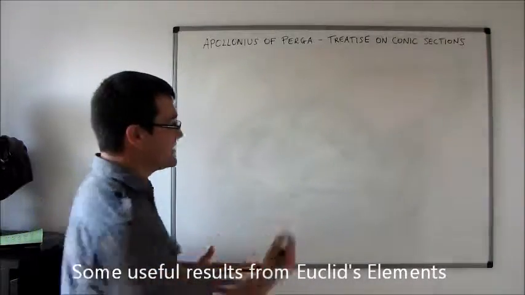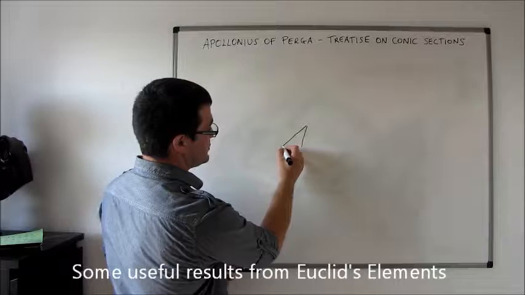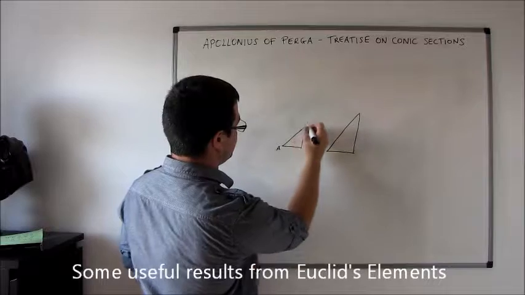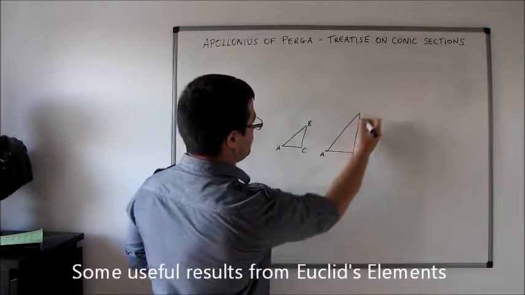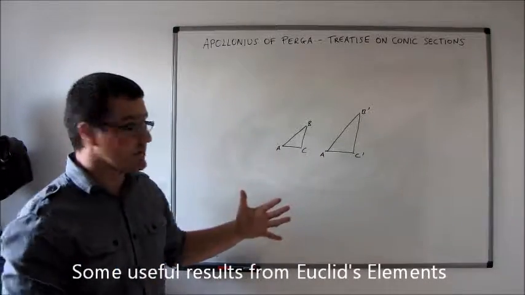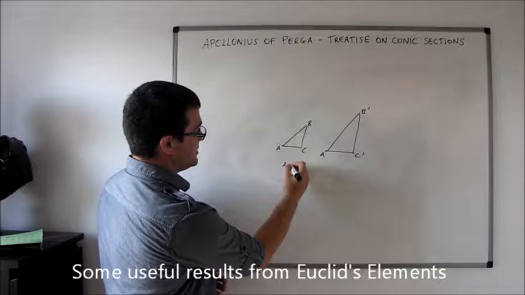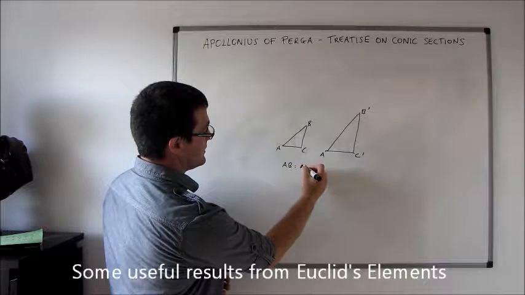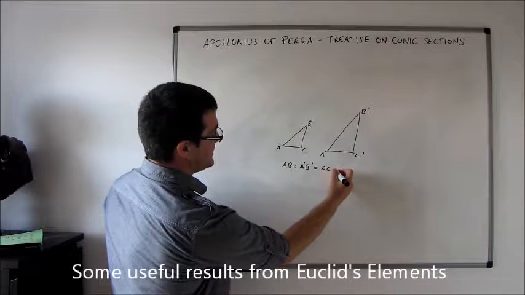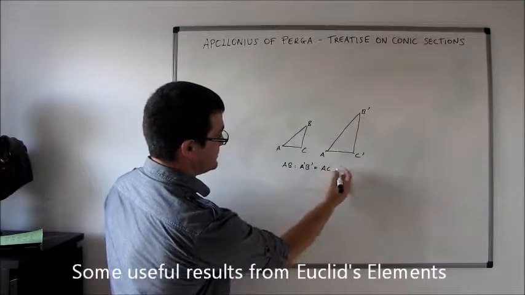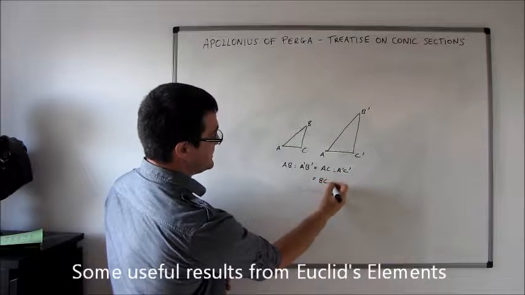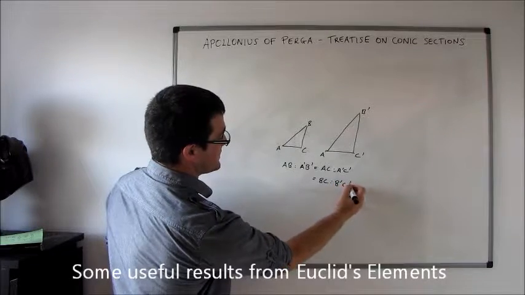So what that means is, if these are my triangles, and they're equiangular, then the ratio of AB to A'B' is equal to the ratio of AC to A'C', and that's also equal to the ratio BC to B'C'.